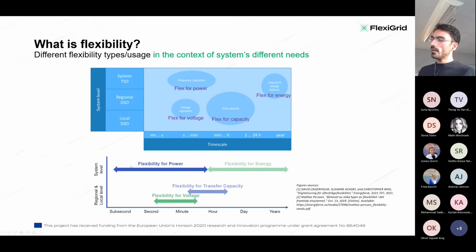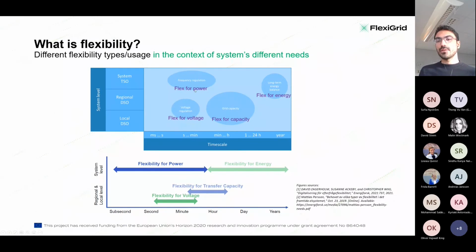I have found this figure from Mattias Persson, defining flexibility, very useful too. Here you can see, if you're talking about the higher level at the system, over the terms of a few years up to days or hours, we can call it flexibility for energy.